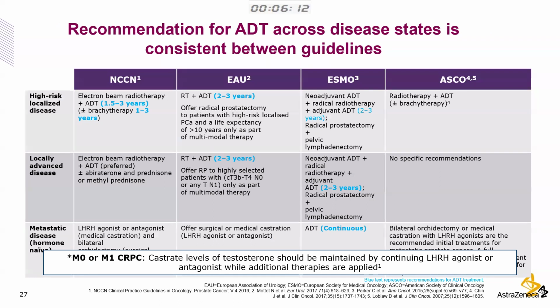So basically around 2 to 3 years is the recommended duration of adjuvant ADT, which can be gosling as shown in these trials, which has a benefit. And in locally advanced disease also, around 2 to 3 years is the recommendation. And in metastatic hormone sensitive disease, we all know that it should be given continuously by any of the methods which have been discussed previously.